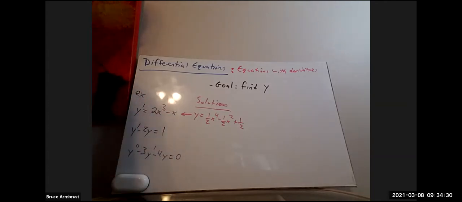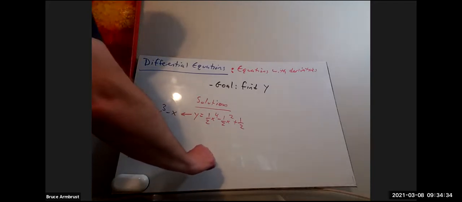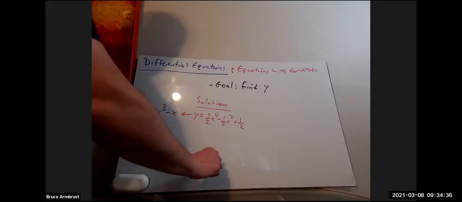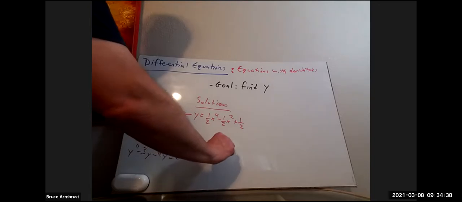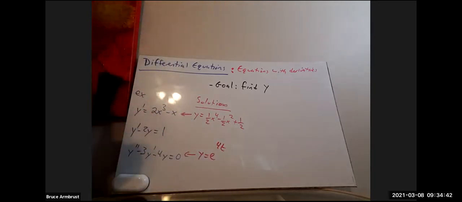Let's just jump down to the bottom one. Here's a solution to this guy. How about y equals e to the 4t? Let me show you that it is a solution to this differential equation.